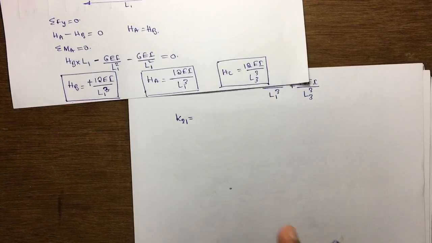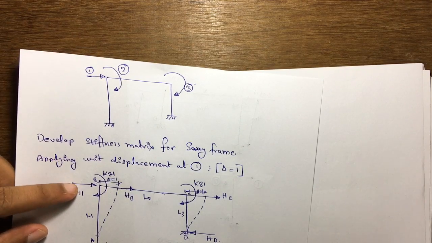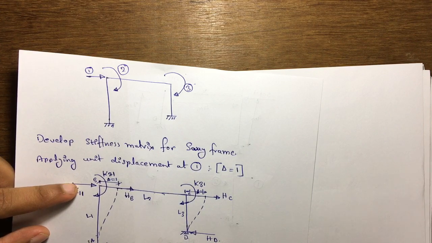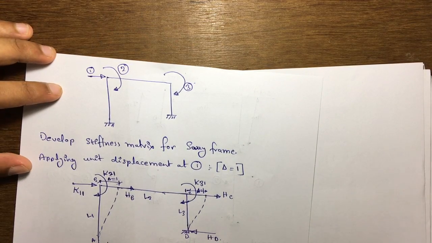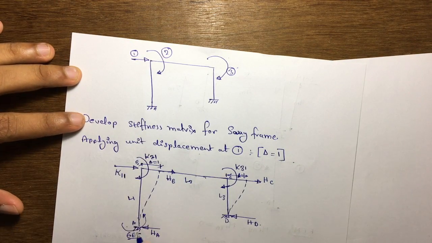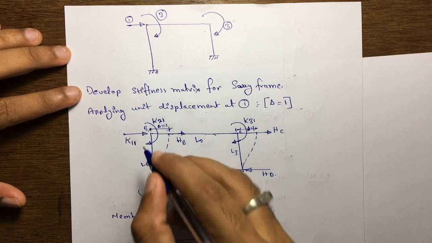So if I see K21, because of this HA, our deflection is nothing but 6 EI divided by L1 square.